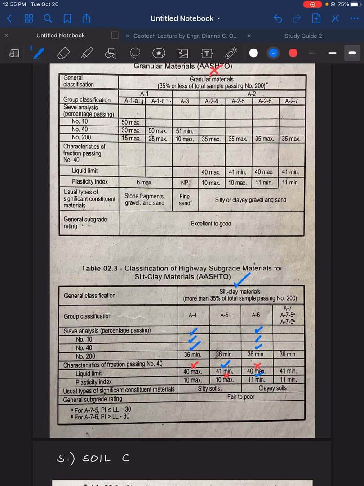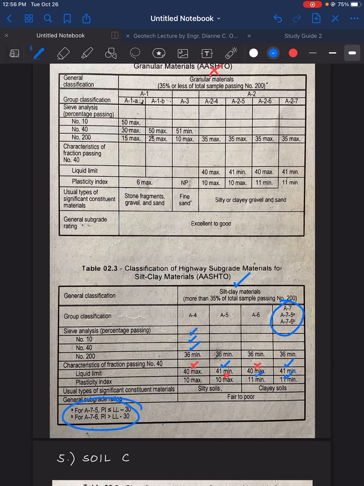Oh. So, there's an X mark here at 40. So, let's proceed to here. So, 41 minimum. Correct? And then 11 minimum. Okay? So, we need to choose A-7-5 or A-7-6.